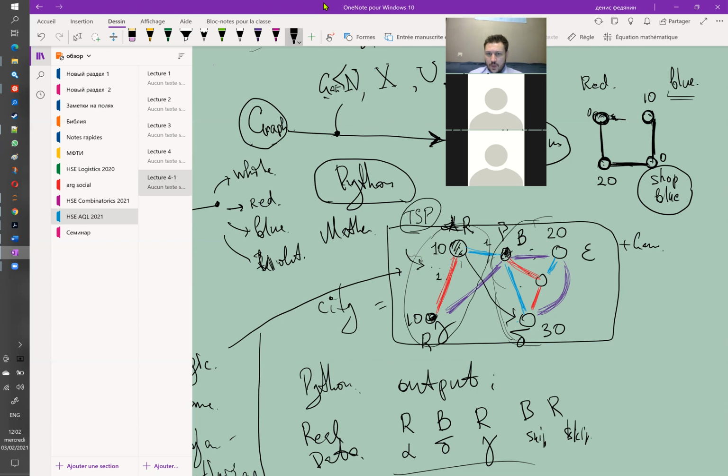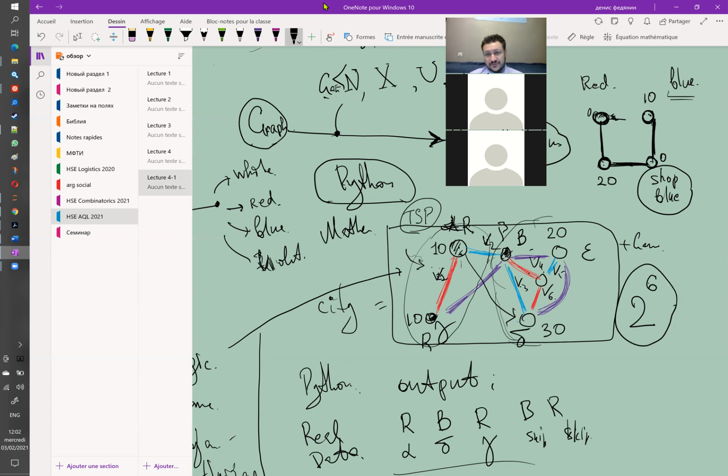So the problem is here, here, here, here. So we have one variable, the second variable, the third, the fourth, the fifth, and the sixth. And we have two possible variants: if there is an edge or there is no edge. So 2 to the power of 6.